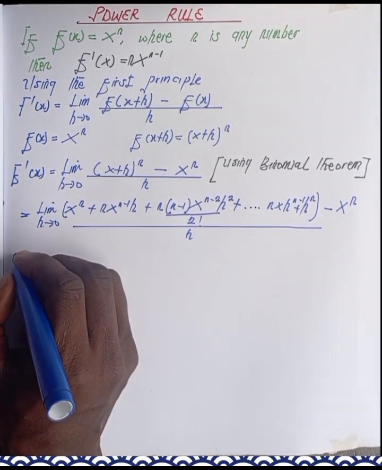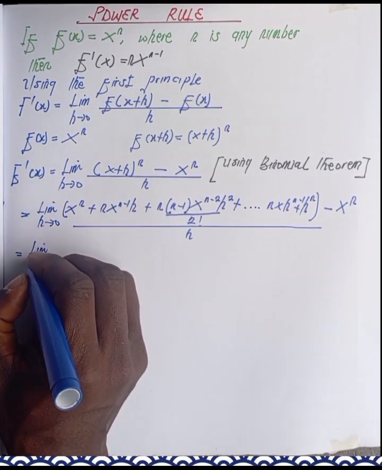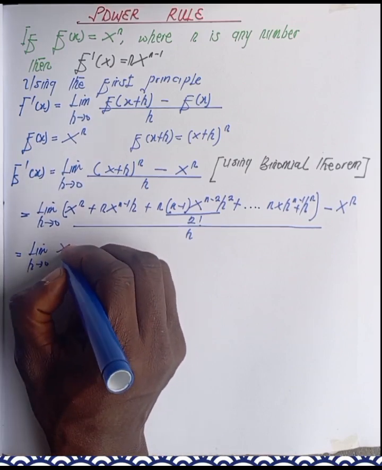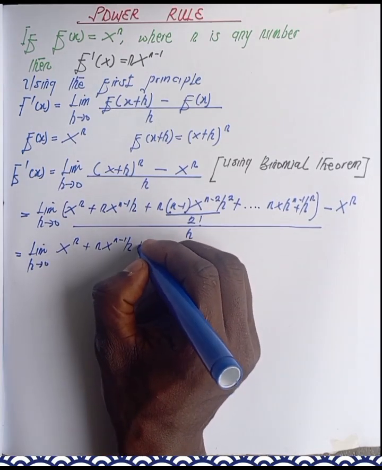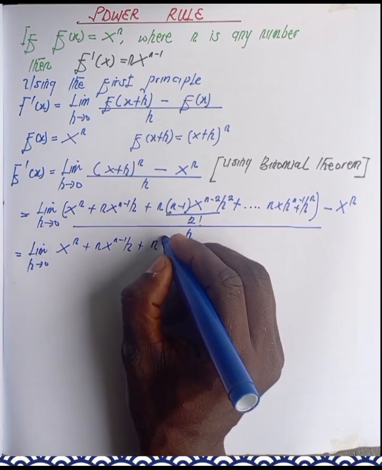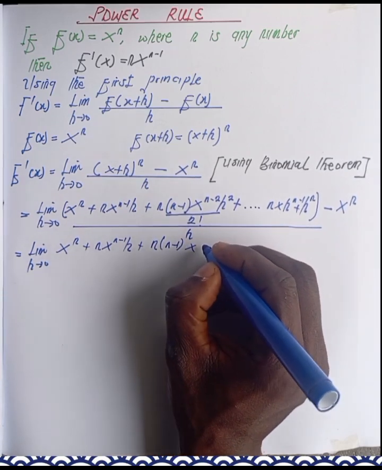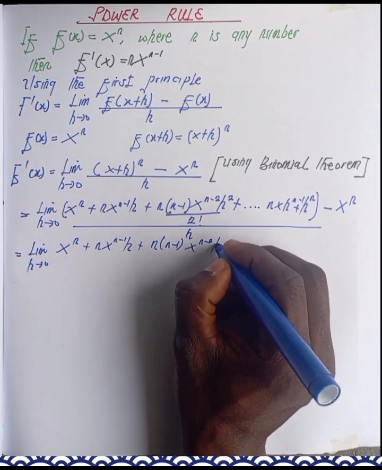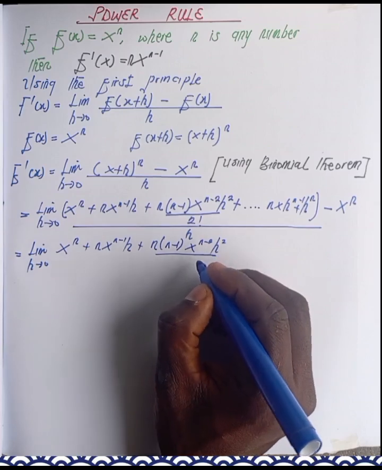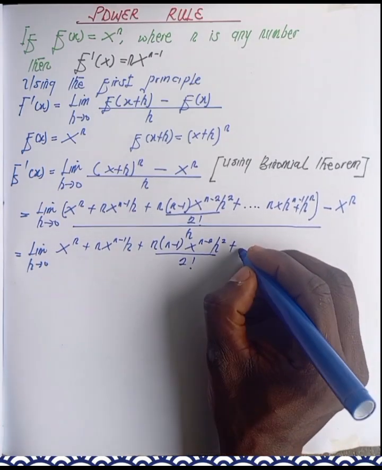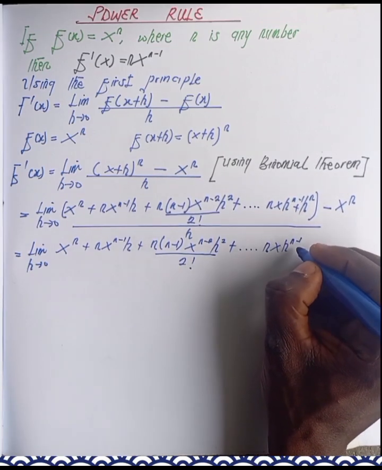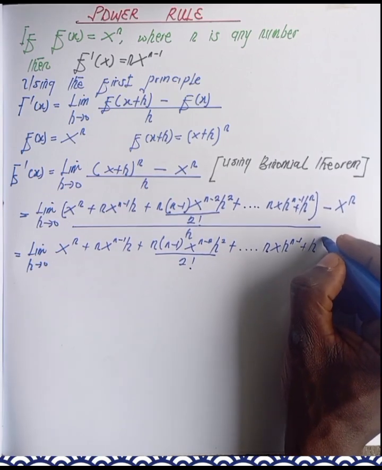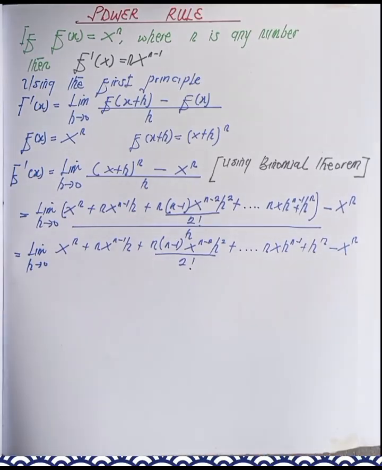Let's remove the bracket and see what we are coming out with. So we have the limit as h approaches 0 of x^n plus nx^(n-1)h plus n(n-1)x^(n-2)h^2 all over 2 factorial plus nxh^(n-1) plus h^n minus x^n, all over h.